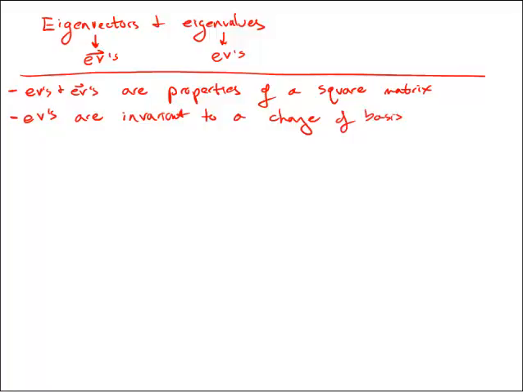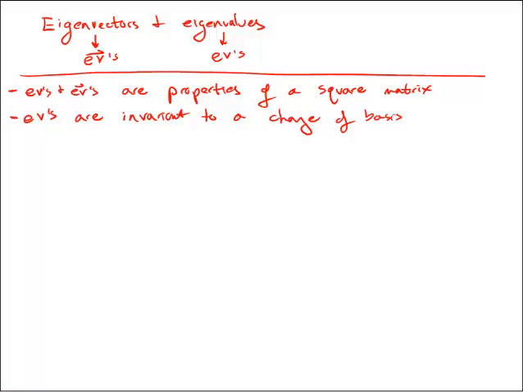So we saw in the change of basis video that you could pick a new coordinate frame, a new basis, and represent your matrix in that basis. Different representations will give you different groups of numbers in your matrix. However, the eigenvalues of the matrix are the same regardless of what representation your matrix is in. So that's going to be a very useful property later on.